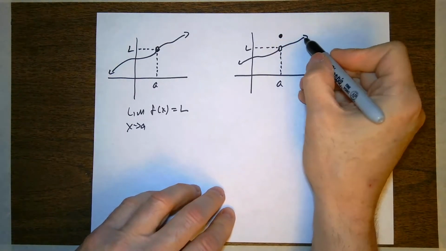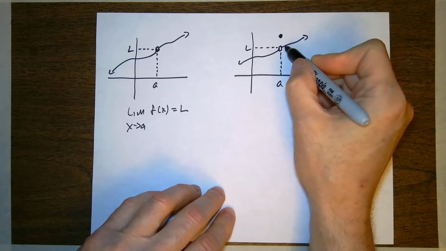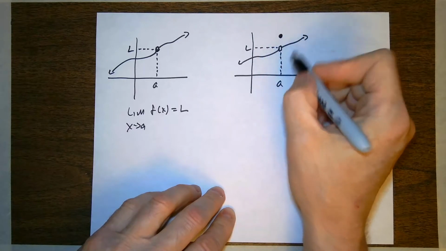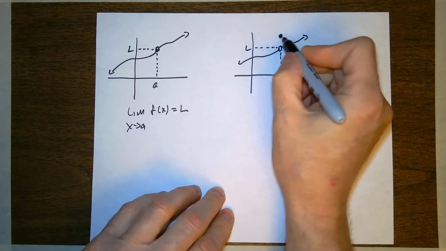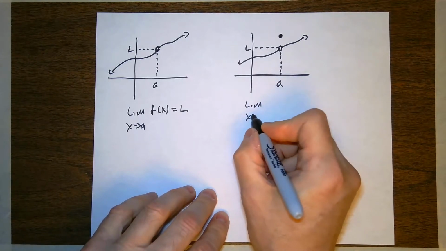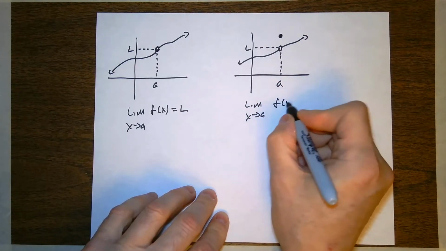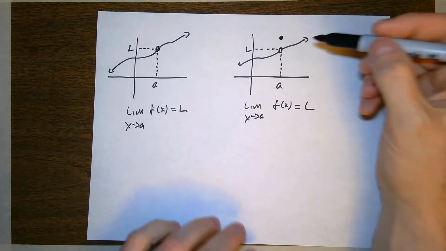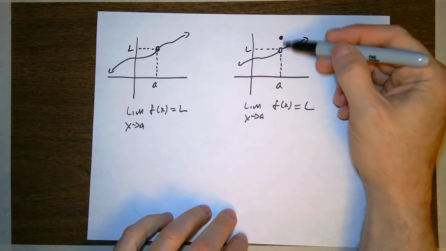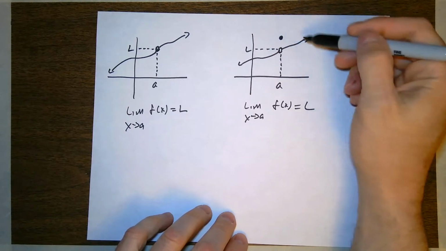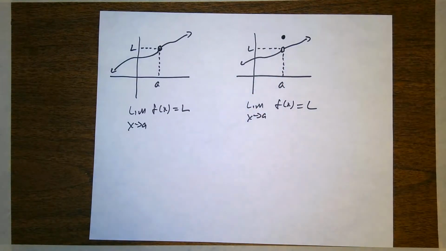So notice, as the function's getting closer and closer to A, the x value A, from both sides it is getting closer and closer to the L value, although f of A is some other value up here. But we would still say the limit as x approaches A of f of x is L. The other possibility deals with asymptotes. We'll take a look at those in a moment, where A might be an asymptote and I'm going to infinity, increasing without bound. We'll take a closer look at that possibility in a moment.